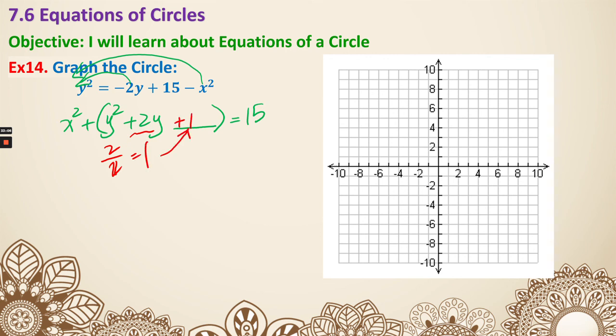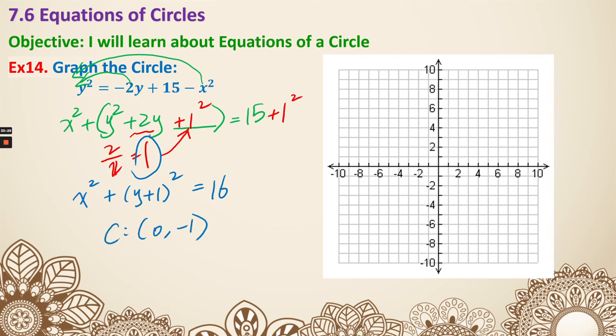So I need to add 1 squared, so add 1 squared on the right side. Which means when I try to put them in parentheses, x squared plus, I need this number, (y plus 1) squared equals 16. Which means my center is going to be at 0, -1. My radius is going to be 4.